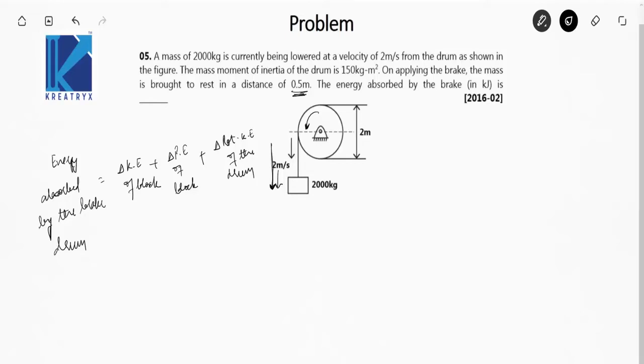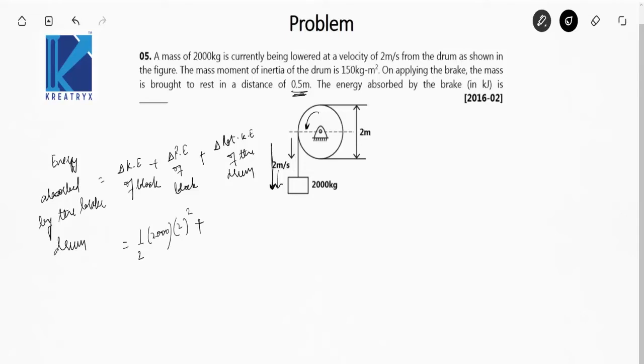Change in kinetic energy of the block will be equal to half m (v2 square minus v1 square), but the final velocity will be 0, so half m v square. I'm directly writing it: half, m is 2000 kg, and the initial velocity is 2 meter per second, that is 2 square, the final velocity is 0.